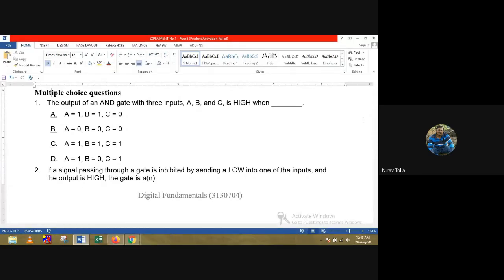Now read the second question. If a signal passing through a gate is inhibited by sending a low into one of its inputs and the output is high, the gate is... which gate do we have?